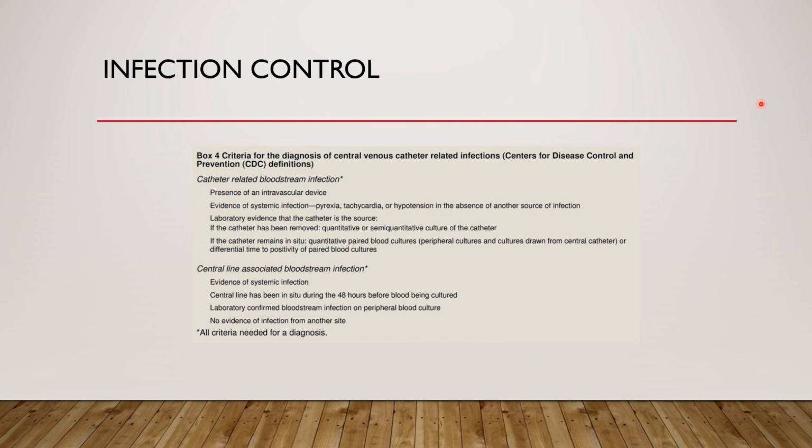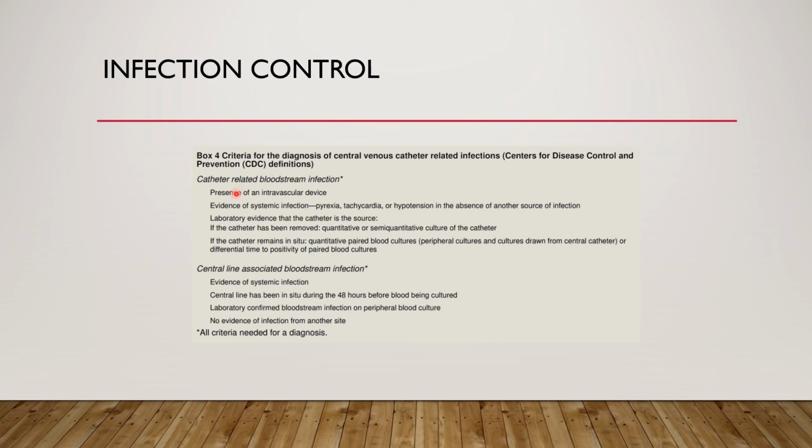Infection through the central line. There are two terms: catheter-related bloodstream infection (CRBSI) and central line associated bloodstream infection (CLABSI). These two will be discussed in detail in a separate video. But anyway, whenever there is an intravascular device in situ, if there is any fever, tachycardia, hypotension, then this becomes an important clue that there might be an infection there.